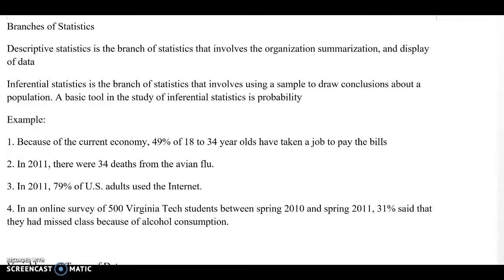Number three, in 2011, 79% of US adults used the internet. This is also a conclusion. There is no specific data involving organization, summarization, or display of data. It just concludes from that data. So number three is also inferential statistics.